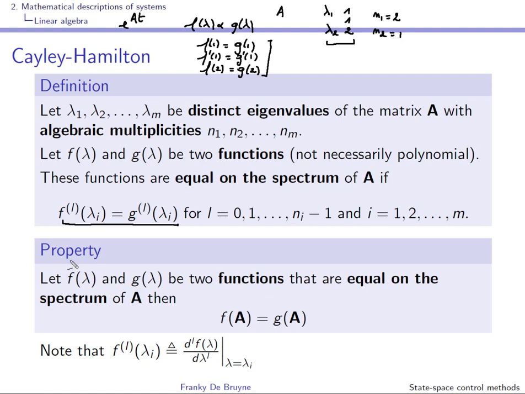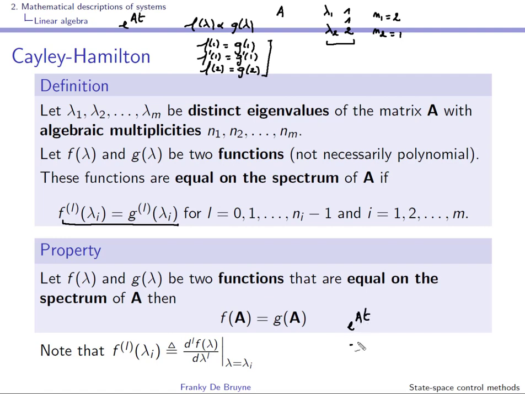Well, we have this property that if f(lambda) and g(lambda) are two such functions that are equal on the spectrum of A, then the functions evaluated on A, f of A and g of A, are equal. So this will be used, for instance, to compute e to the At.